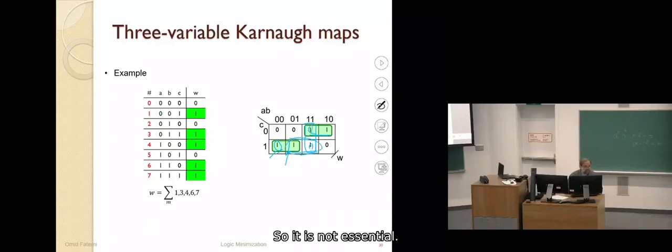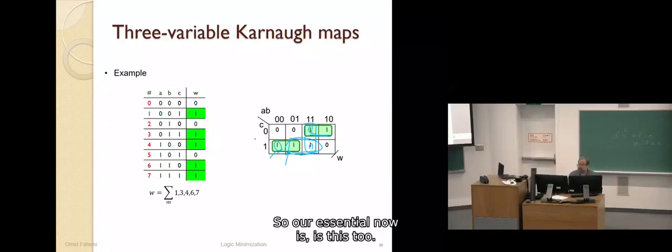So it is not essential. It is a prime implicant because it has not been fully covered with another implicant. It is a prime implicant, but it is not essential.